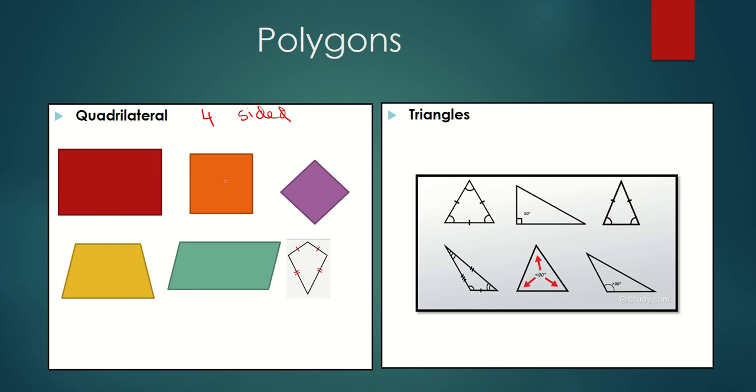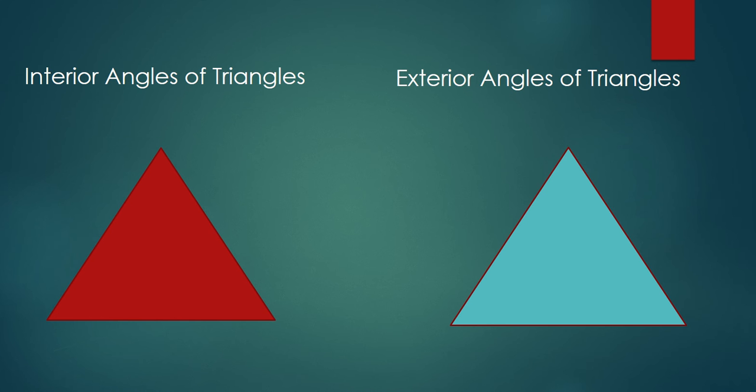There are many quadrilaterals I have drawn here: rectangle, square, rhombus, trapezium, parallelogram and kite. A triangle is a three-sided or three-angled figure. There are different types of triangle: obtuse angled triangle, acute angled triangle, right angled triangle, equilateral triangle, and this is isosceles triangle.